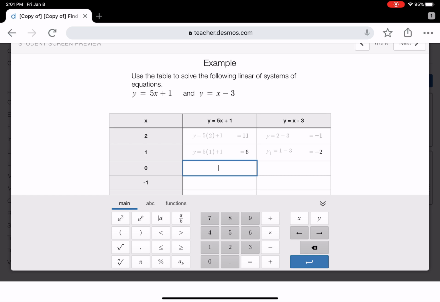And when x is 0, when we plug in 0 in each equation, you have y equals 5 times 0 plus 1. So 5 times 0 is 0, plus 1 will give you 1.